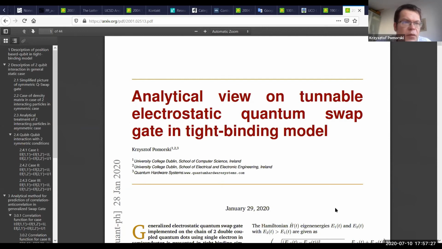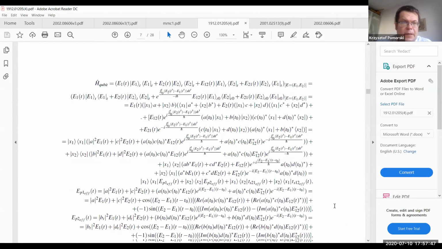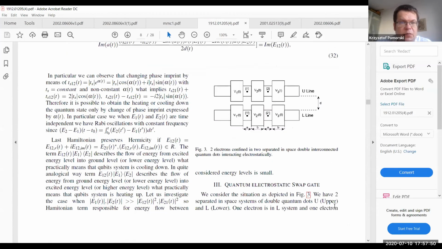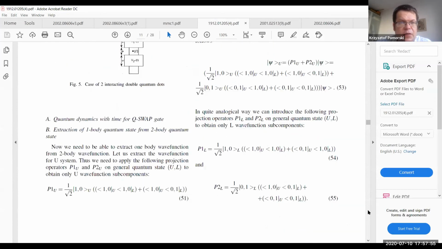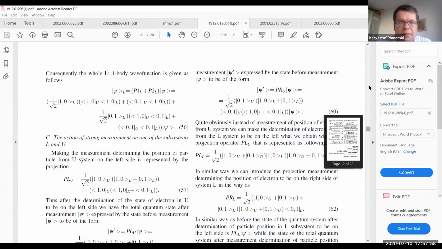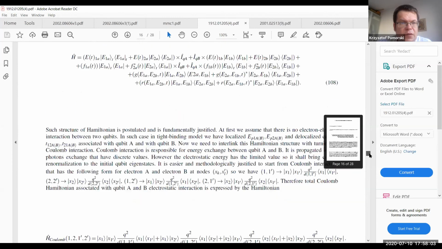Okay, right. Sorry for this. Let me move to a more specific example where I want to show some part of this calculus.